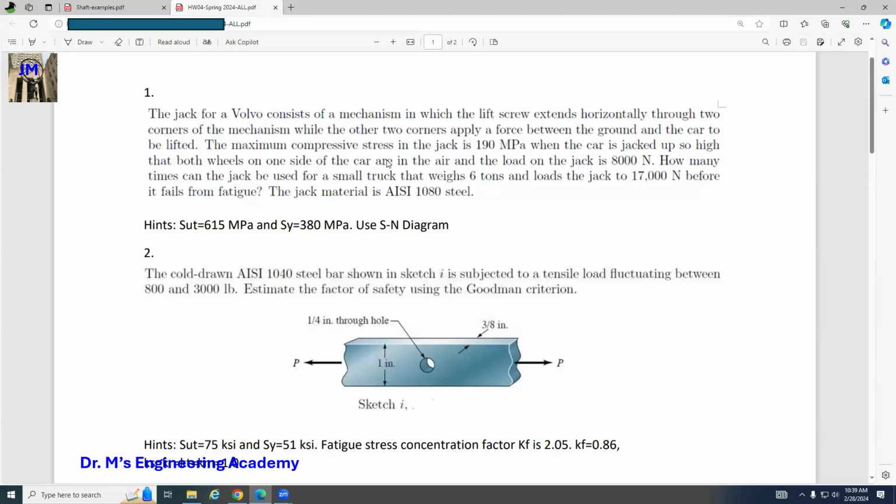The third one is the energy required. The fourth one is the outside diameter D of the flywheel.